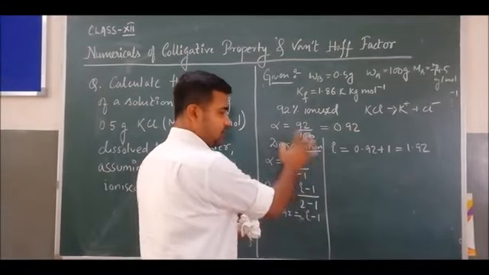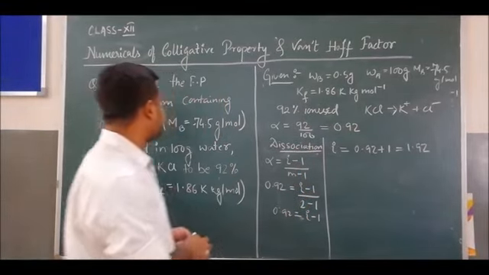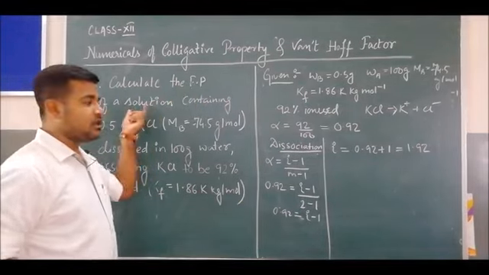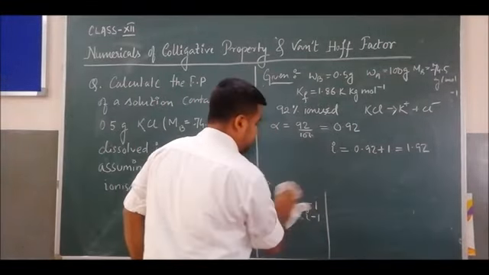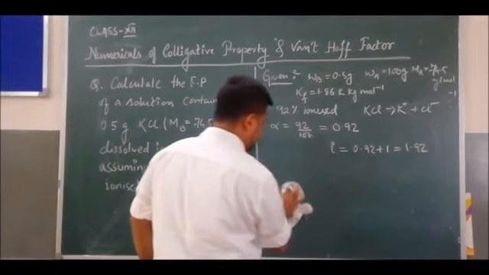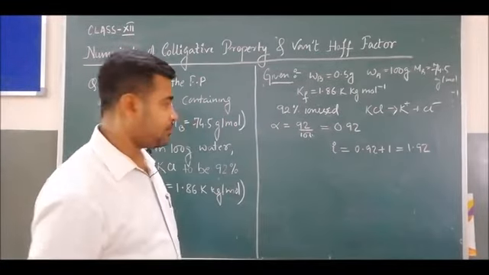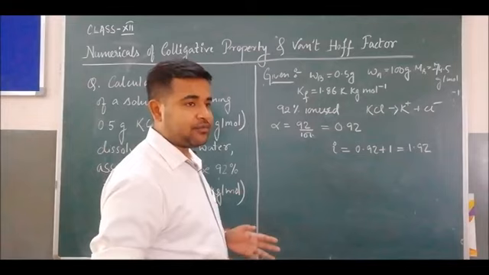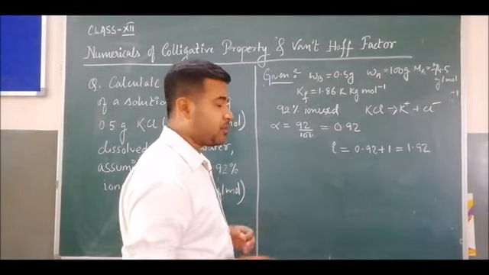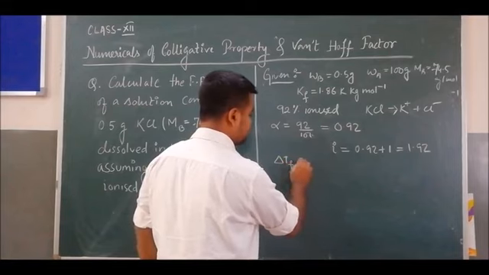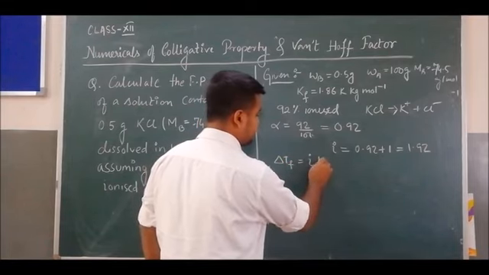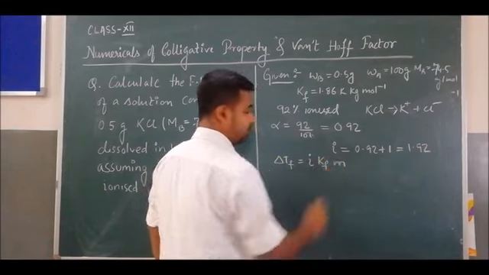Now we are going to find the freezing point of the solution. According to Van't Hoff, the corrected formula of colligative property is delta Tf equals i Kf into molality.